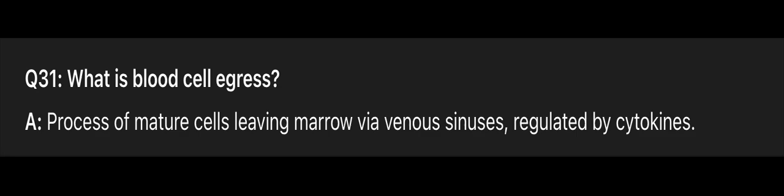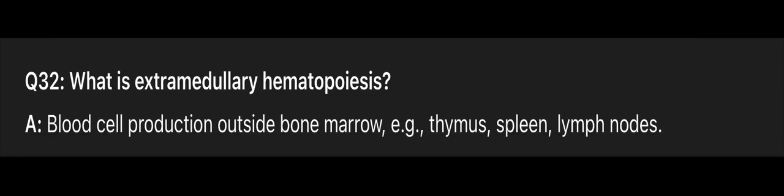What is blood cell egress? It's the process of mature cells leaving marrow via venous sinuses regulated by cytokines. What is extramedullary hematopoiesis?